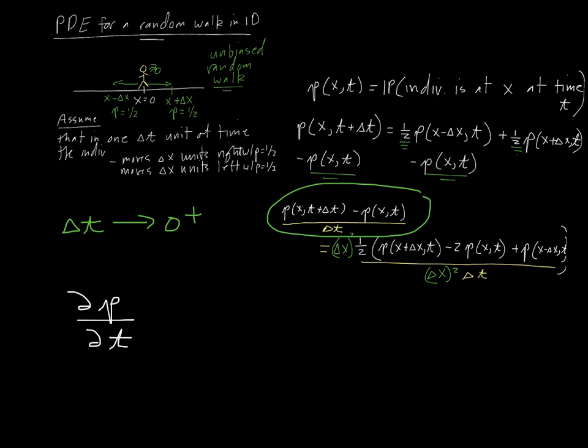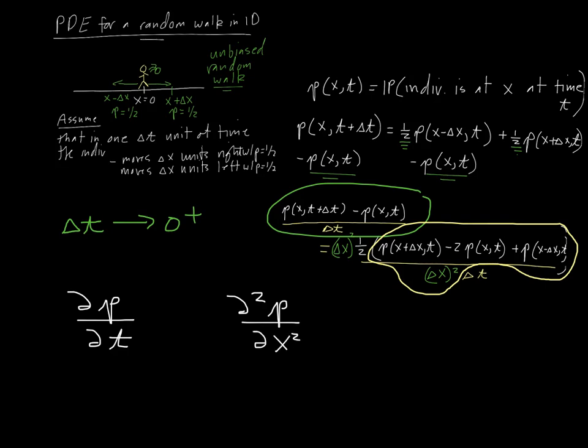And if we look at the right-hand side, if we group terms, so if we take these three terms here and group them with the delta x squared, this is the difference quotient for the second derivative of p with respect to x. Okay, and that's as delta x goes to 0 from above. So you're making your step size arbitrarily small as you're making your time frame arbitrarily small.